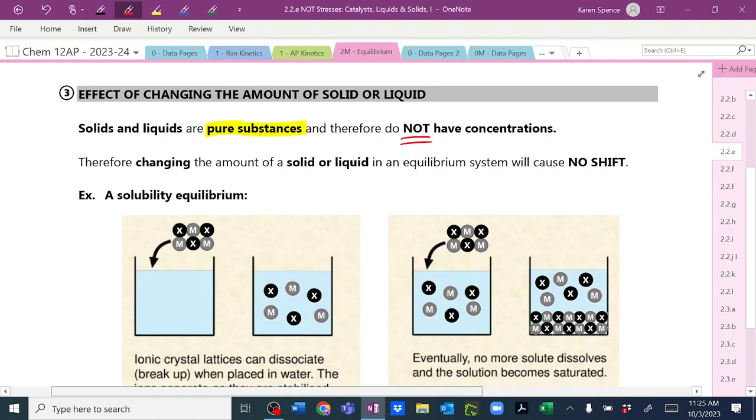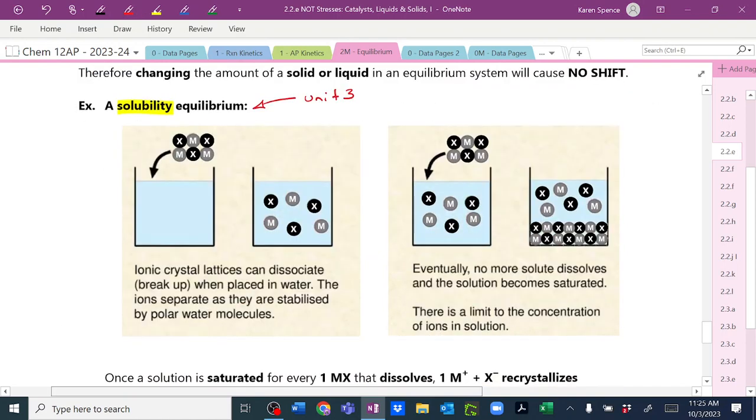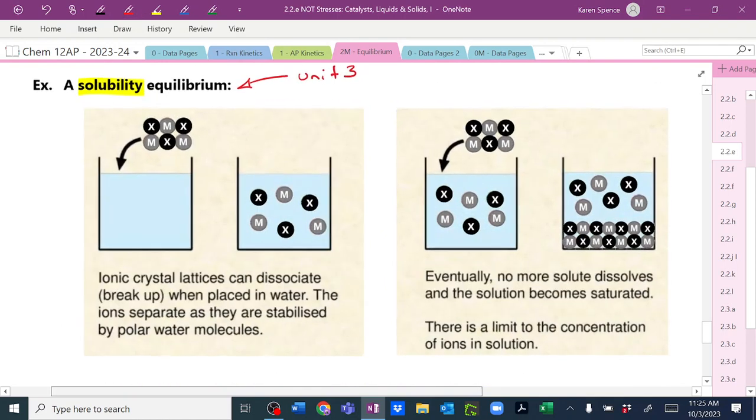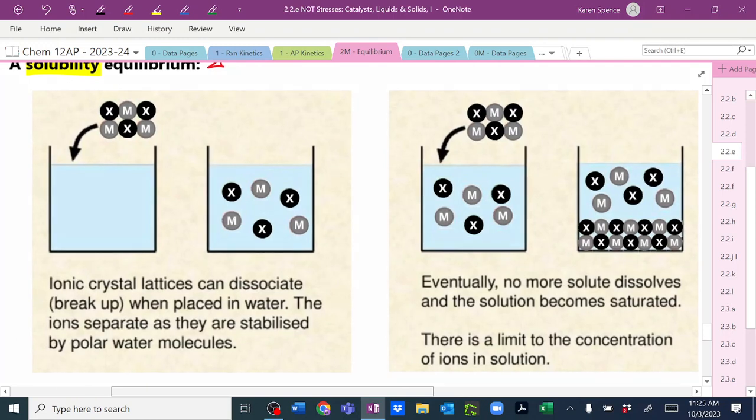So here, let's look at a solubility equilibrium. This is for Unit 3. We have an ionic crystal lattice, and it breaks apart when placed in water.